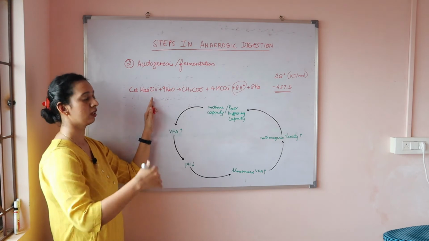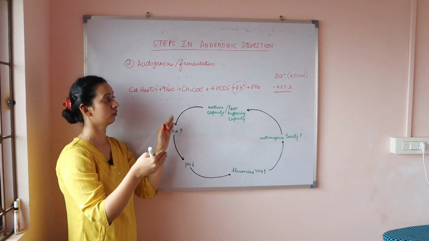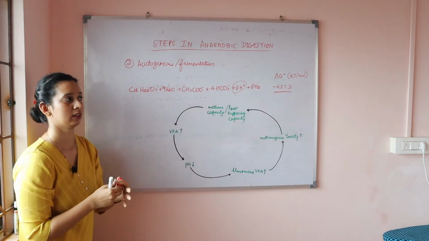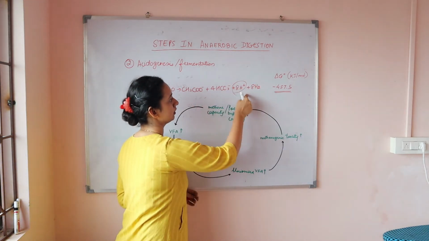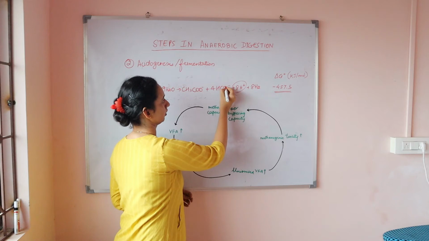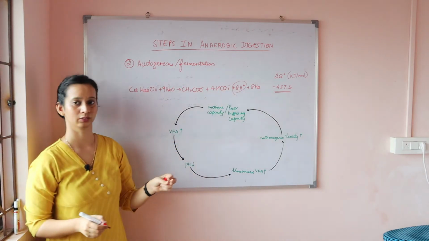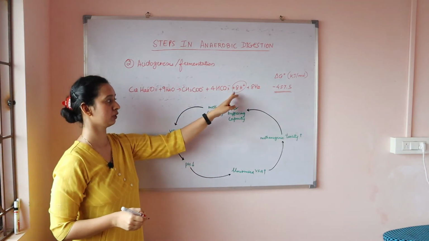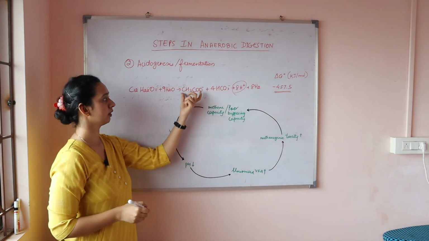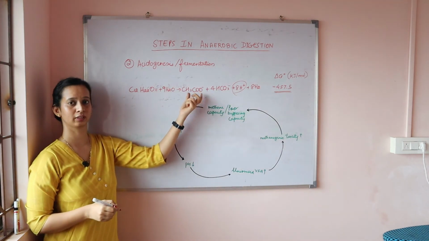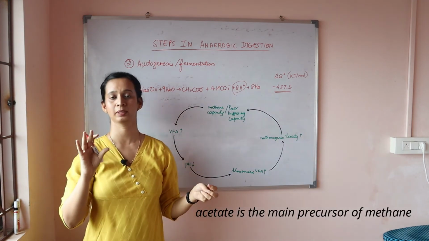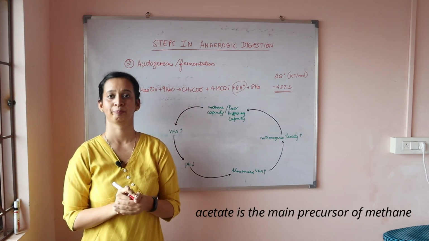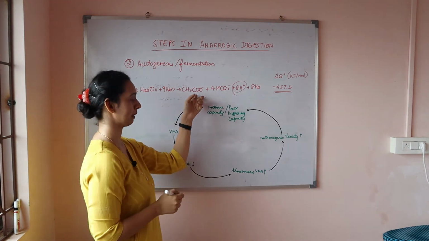Now, the further steps of acidogenesis, the third and fourth step, effectively use this hydrogen. Once the hydrogen gets eliminated, the product over here is acetate. And about 70% of the methane which is formed is from acetate.